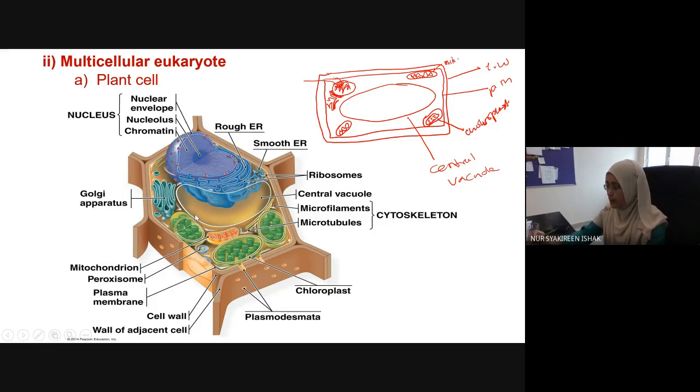Then you have ribosomes, these are free ribosomes. There is the lysosome. But the basic structure is like this. You don't need to draw it in 3D like this. Just draw a simple diagram. That is much neater than mine.